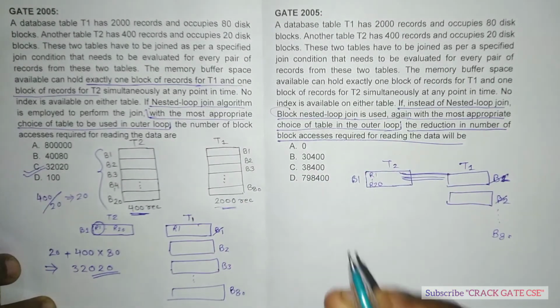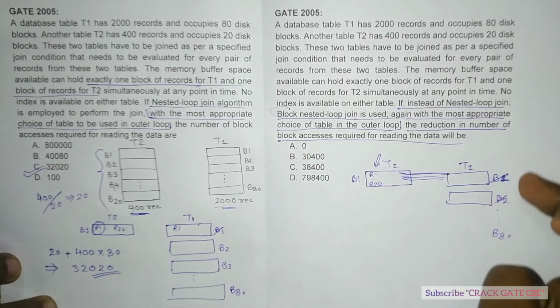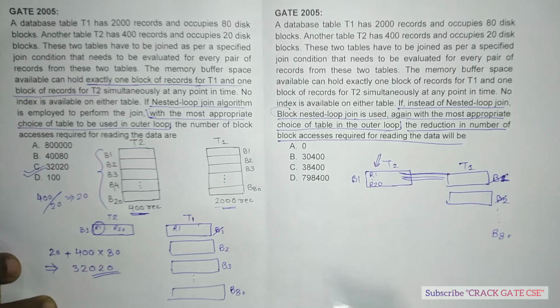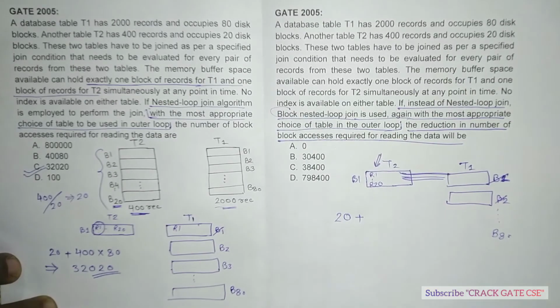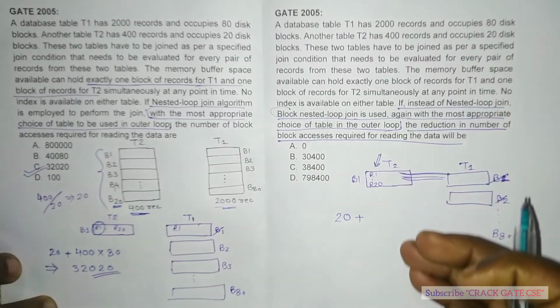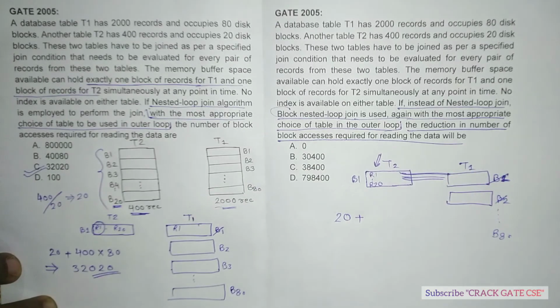So what does it mean? Here for one block you have to access 80 blocks, but how many blocks are we having? 20 blocks. So these 20 blocks need to be accessed anyhow, because we have to map all the blocks of the outer table with the inner table, right?